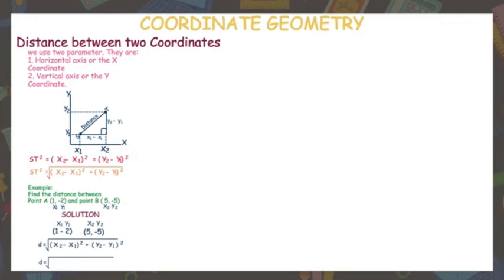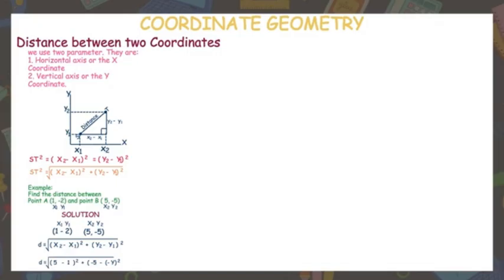What is our x2? Our x2 is 5 minus 1, put it into bracket, square, plus, into bracket, our y2 is minus 5 minus 2. Let's put it into bracket, square.